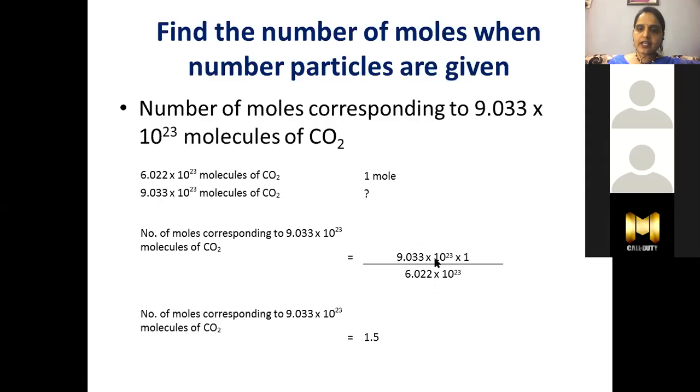So this 10 raised to 23 and 10 raised to 23 get cancelled. So we get 3 by 2 giving us 1.5. So the number of moles corresponding to 9.033 into 10 raised to 23 molecules of carbon dioxide is 1.5 moles of carbon dioxide.